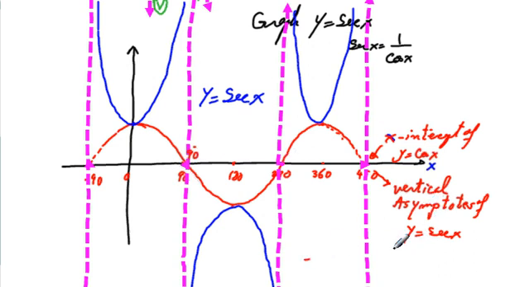Location of vertical asymptotes of y equal to secant of x: 90, 270, 450, and the negatives of the same numbers. So I can say plus or minus 90, plus or minus 270, plus or minus 450, and so on we go. Plenty of these vertical asymptotes all over the place. How can you easily characterize all of these numbers?